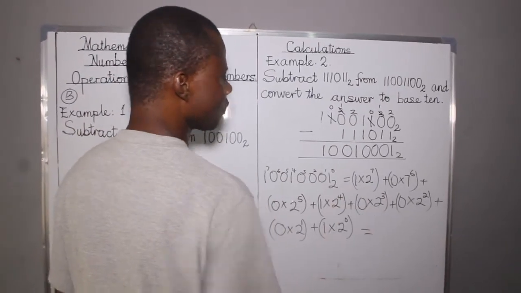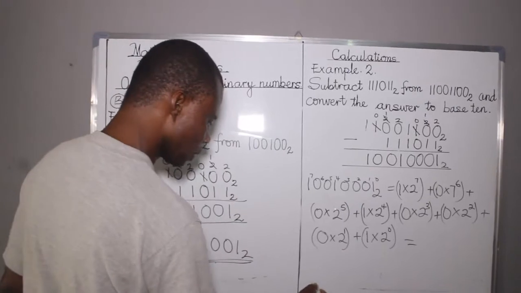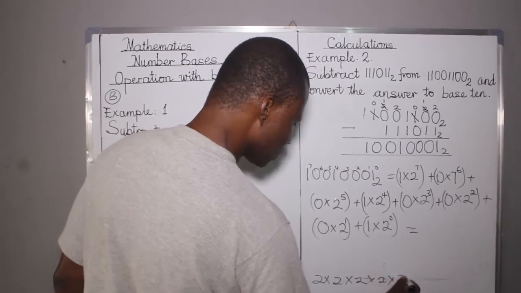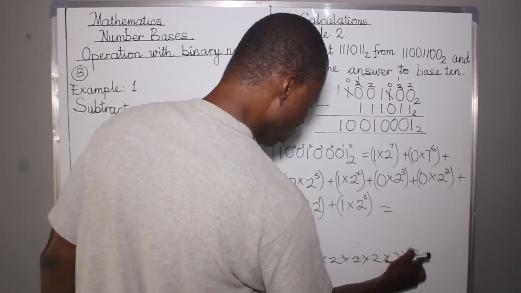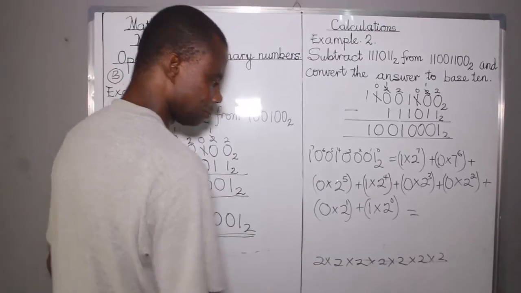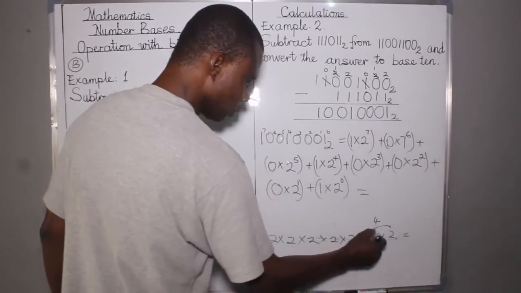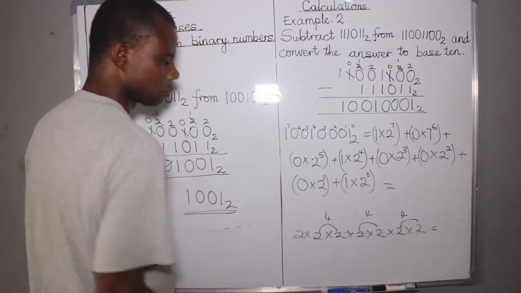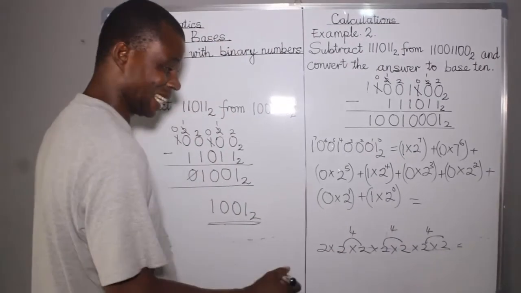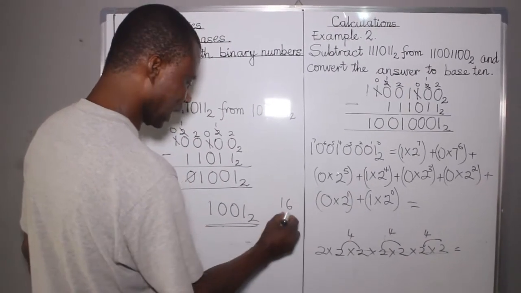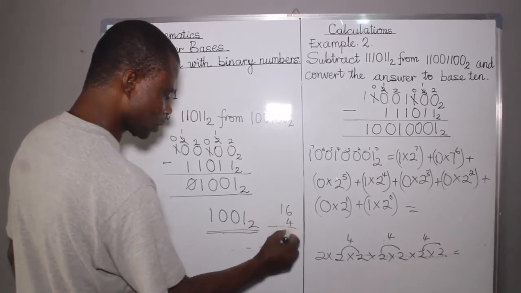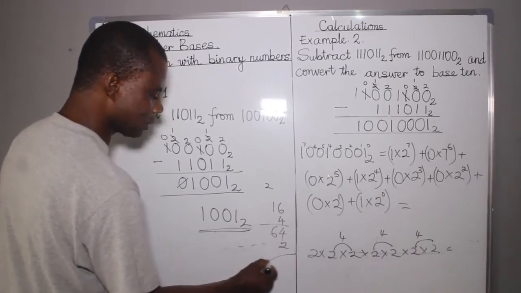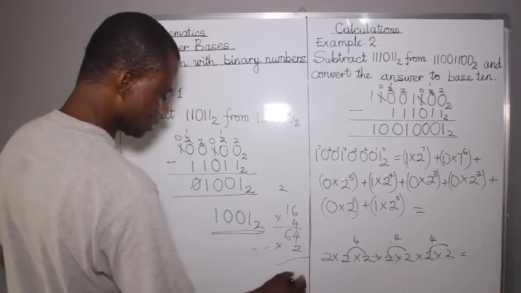Now, this is 2 to the power of 7. That is 2 times 2 times 2 times 2 times 2 times 2 times 2, seven of them. 2 times 2, 4. 2 times 2, 4. 2 times 2, 4. 4 times 4, 16. 16 times 4. 4 times 6, 24, carry 2. 4 times 1, 4 plus 2, 6, so 64. 64 times 2, that gives us what? 128.